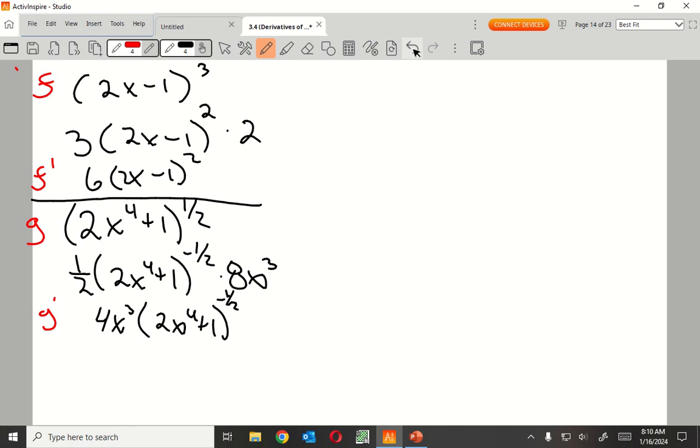So it's going to be f prime, so it's 6 (2x minus 1) squared times g. Nope, sorry. My g is right there, so it's going to be parentheses (2x to the 4th plus 1) to the 1/2.